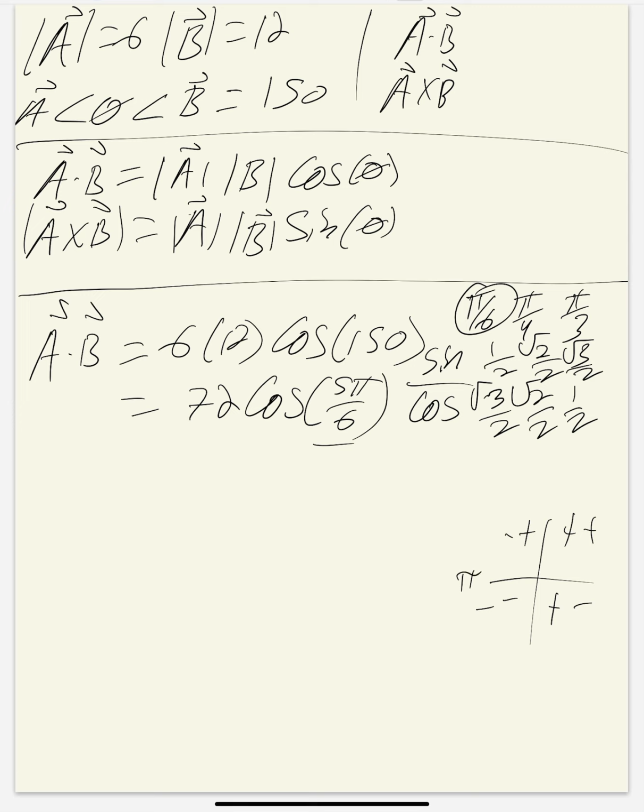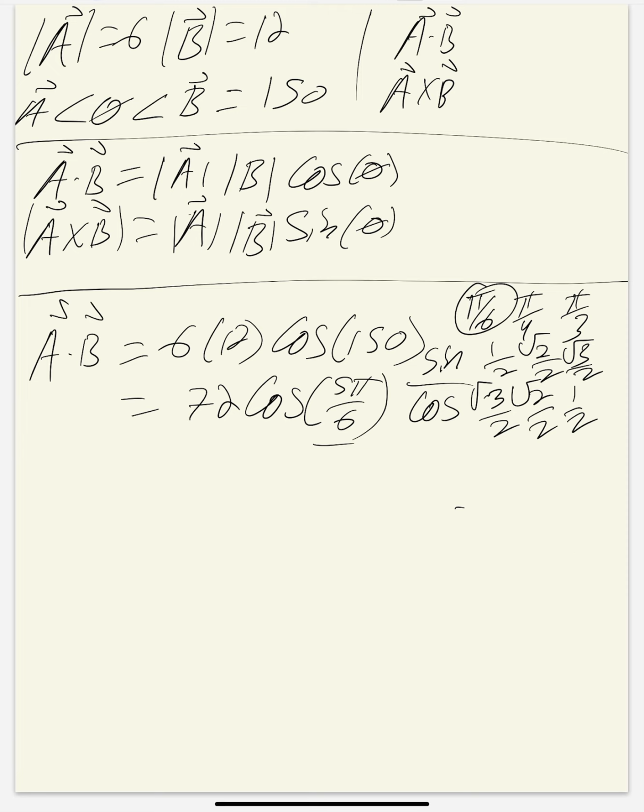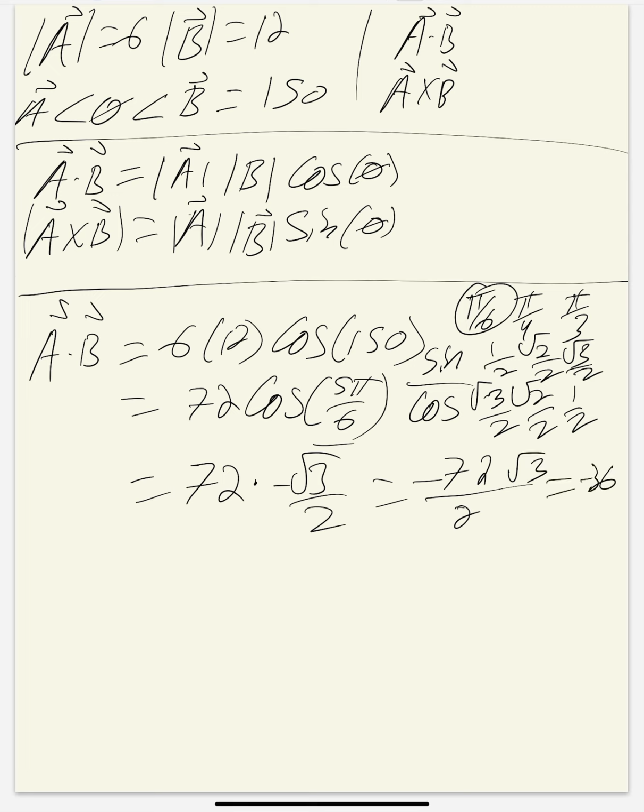Well, if this is pi and this is 0, it's going to be in quadrant 2, so this would make it a negative square root of 3 over 2. So back into the equation, we have 72 times the negative square root of 3 over 2, which is equivalent to 72 over 2 square root of 3, which equals negative 36 square root of 3. So the dot product is negative 36 square root of 3.